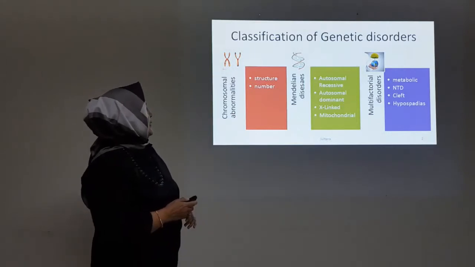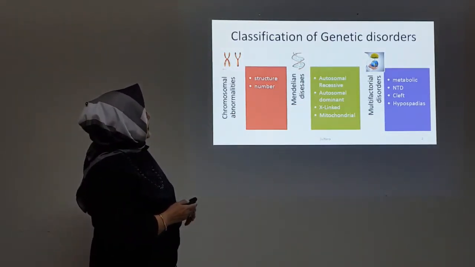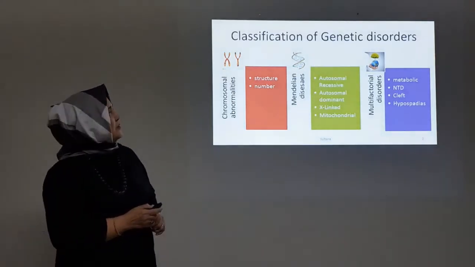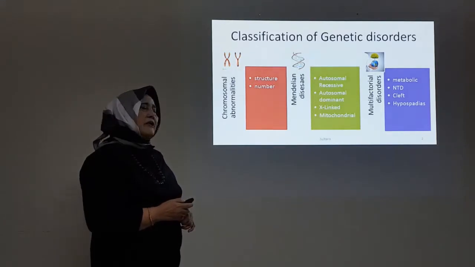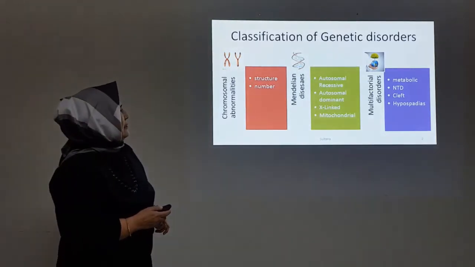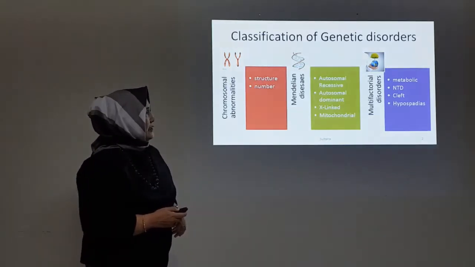And then the next one is Mendelian disease. There are four types of Mendelian disease. It's autosomal dominant, autosomal recessive, X-linked, and mitochondrial. And the last one is multifactorial disorder.